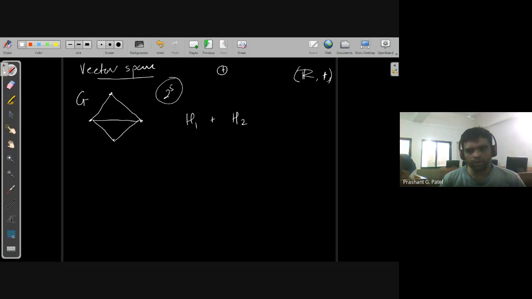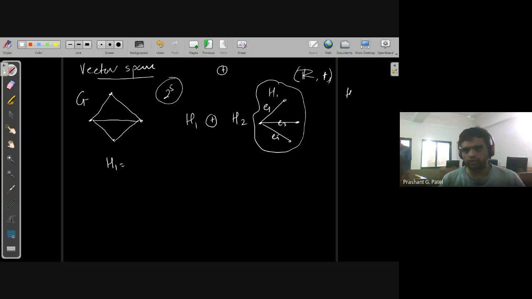If I want to do the sum of these two graphs, H1 plus H2, let us take the same example so you will understand. H1 is what I considered previously: E1, E3 and E5. This is my H1 graph. And I'm considering H2. H2 is this.